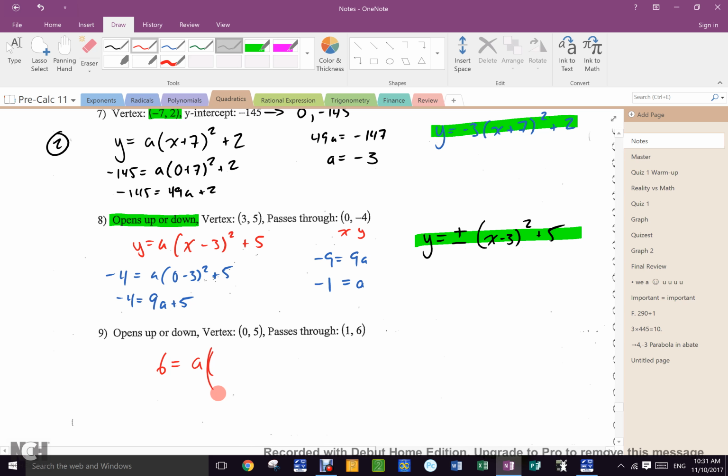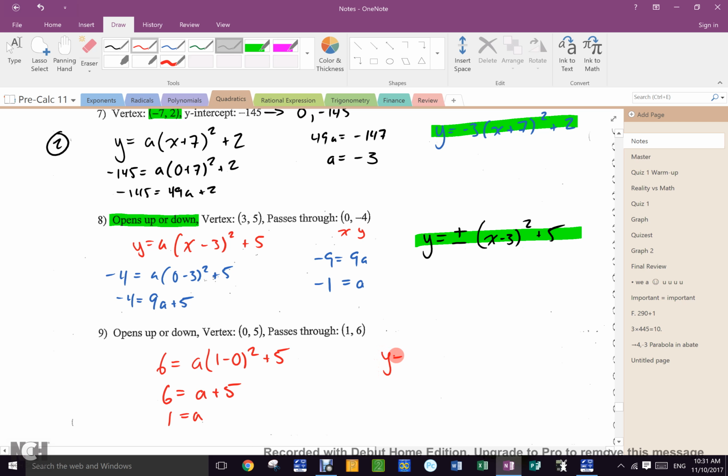Oh, no, I'd give you 1.5. I'm not cruel. 1 minus 0 squared plus 5, which is 6 equals a plus 5. And then a equals 1 again, but it has to open up and down.